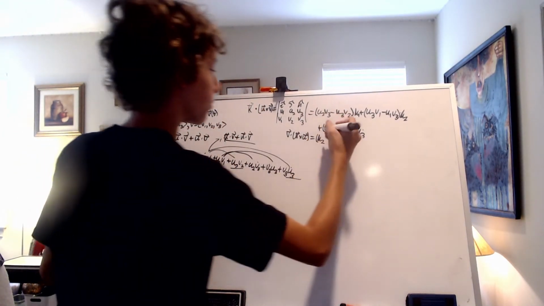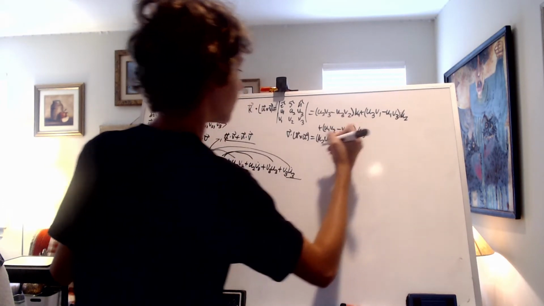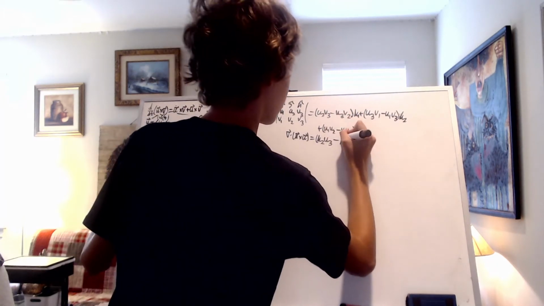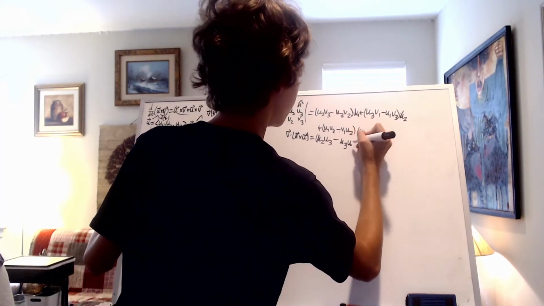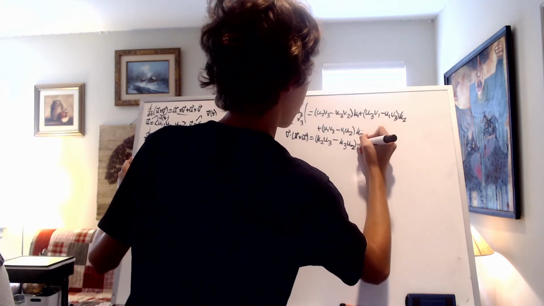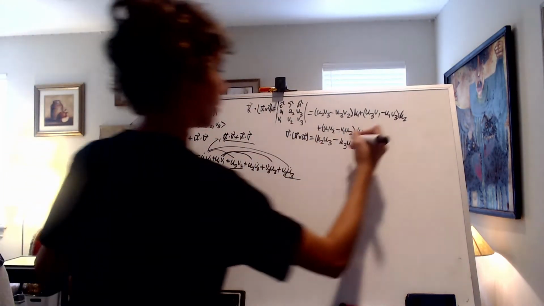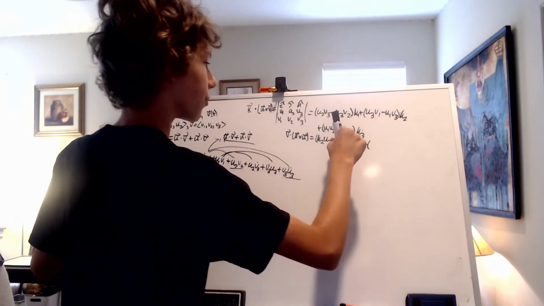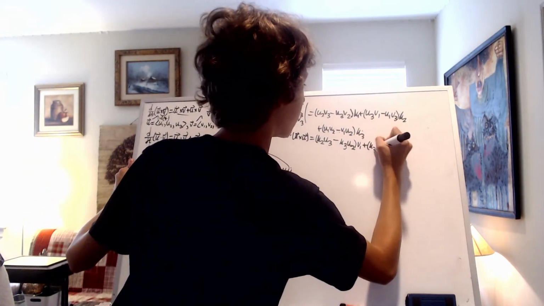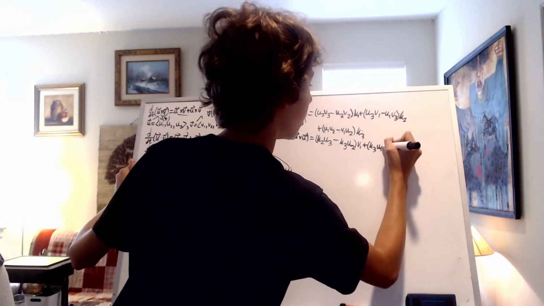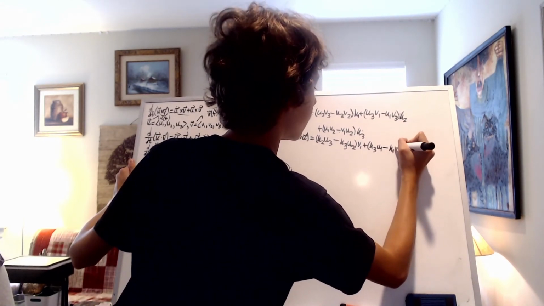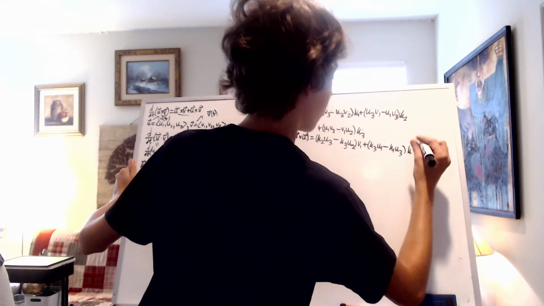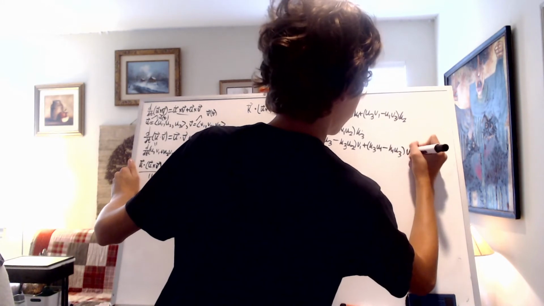K2 V3 U3 minus K3 U2 V1 plus U3 K1 V2 minus K1 U3... not K V2.